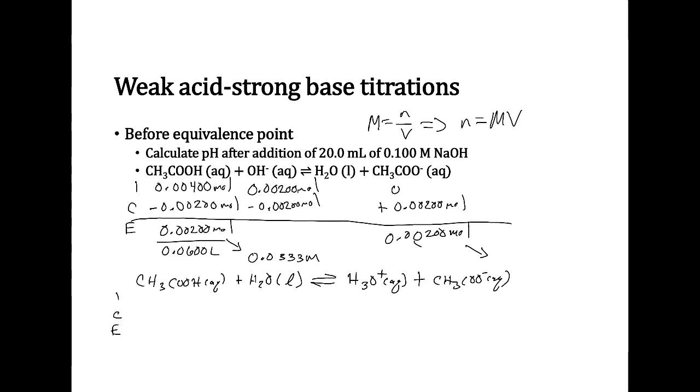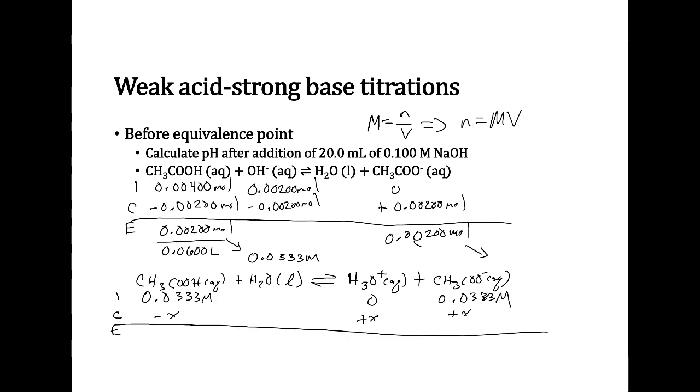So we start out with initial concentration of 0.0333 molar. 0 for the hydronium, 0.0333 molar for the acetate, minus X, plus X. We know this reaction is going to the right because we have no initial hydronium, so Q is equal to 0. So then we'll have 0.0333 minus X. We'll have X, 0.0333 plus X. And then we can use Ka again.